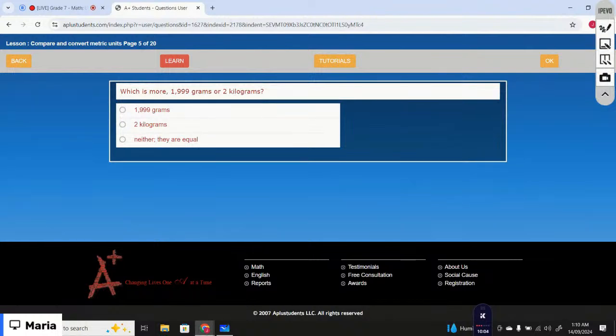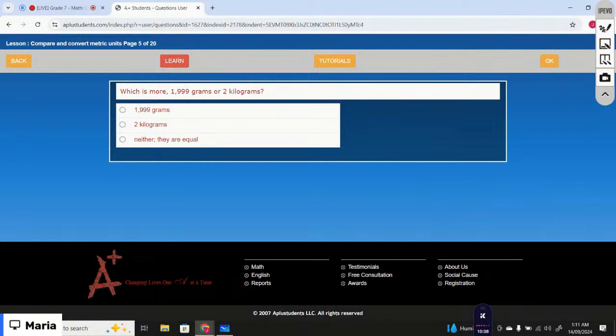Which is more, 1999 grams or 2 kilograms? So which is more? The correct option is 2 kilograms is more, right?